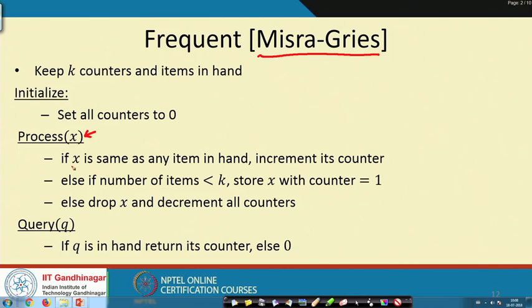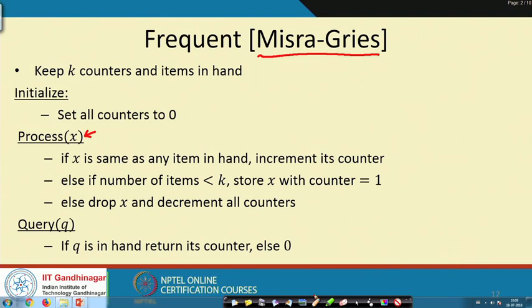Else, let us say x does not match any of the existing items. But if you have space, if the number of items that you have in hand is less than k, right, then you store x, that is fairly natural. You store the item x and you associate a counter with it with the value of 1. Okay. And if none of these happens to be the case, this is the most interesting setting, right.